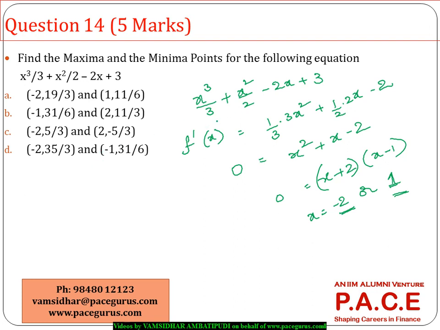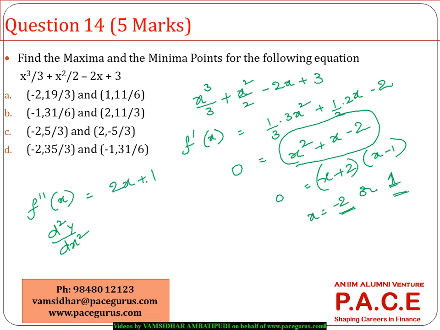And for that, what we generally do is differentiate this equation once again. F double dash of x, or sometimes we call it d squared y by dx squared, goes as 2x plus 1.